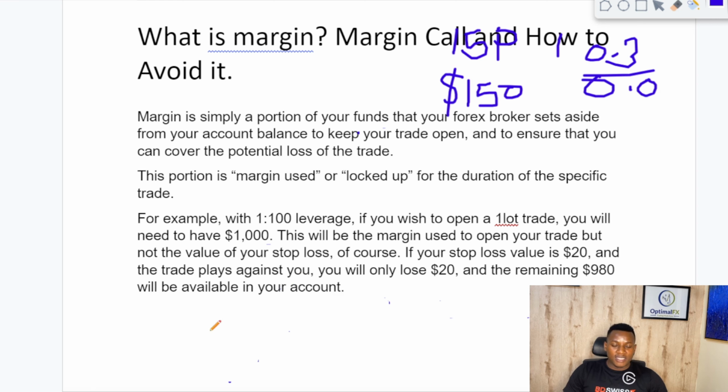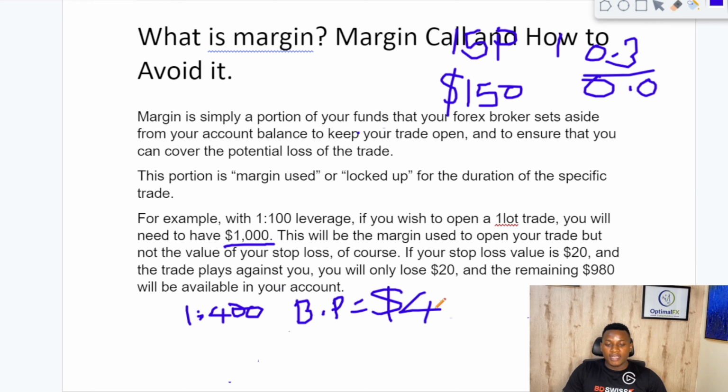If you had 1:400 leverage, and your account balance, that is your capital, was $1,000, that means your buying power, what we call BP, which is calculated by multiplying your account balance by your leverage, will give you $400,000.